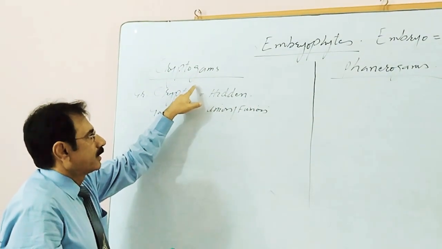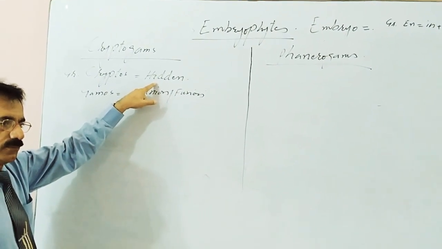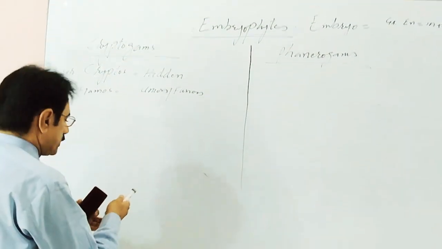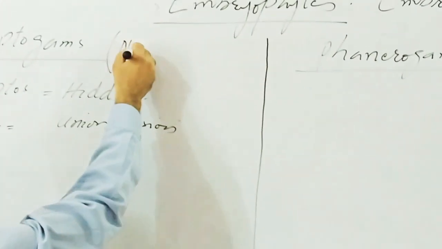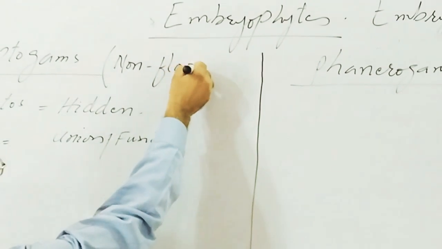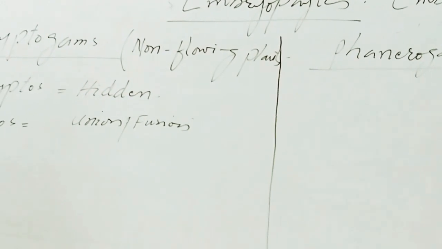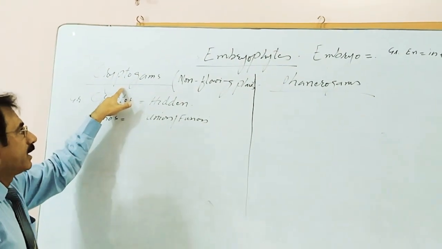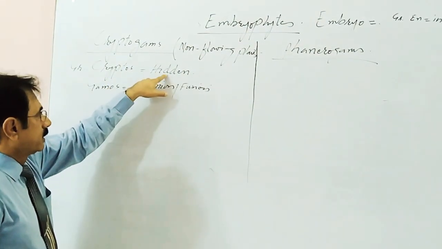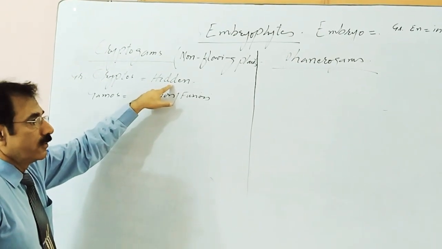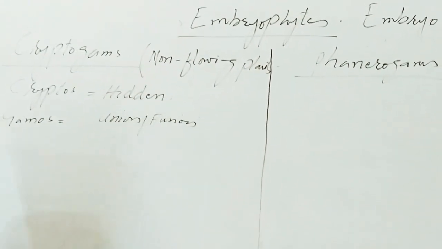Because this group has no well-defined organs in the form of flowers, we simply call cryptogams non-flowering plants. Actually, the word cryptogam never means non-flowering plants, but it shows that there is no visible organ, the flower, thus they are supposed to be non-flowering plants.